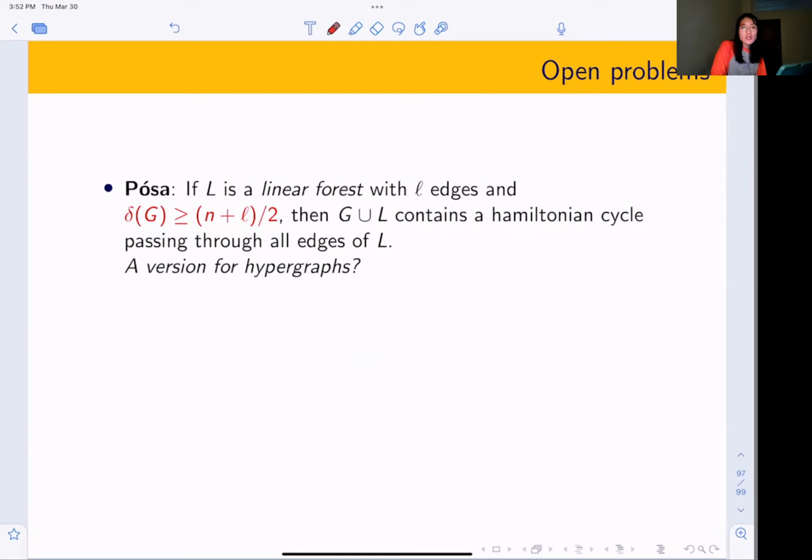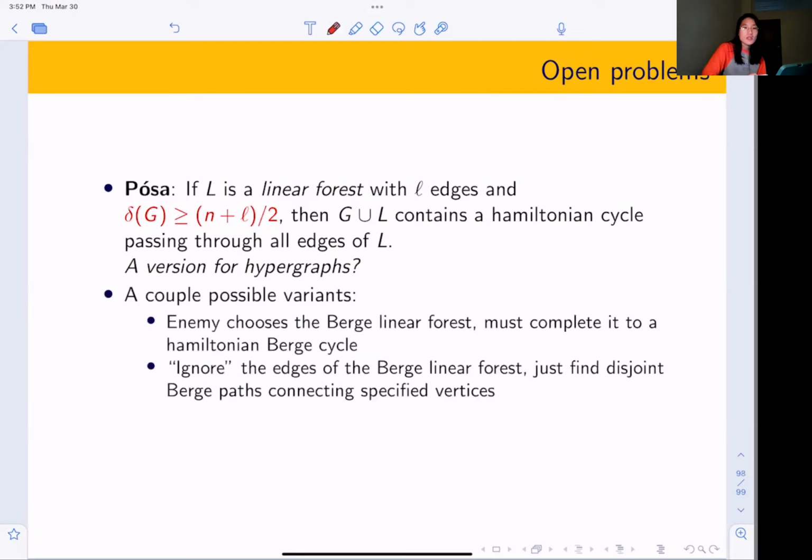Okay, so here we can then ask for some version for hypergraphs, and I just want to give a couple of options. I have my linear forest, and I want to complete it to a Berge cycle. One way you can do it is that the enemy chooses the Berge linear forest, and we want to complete it to a Hamiltonian Berge cycle.